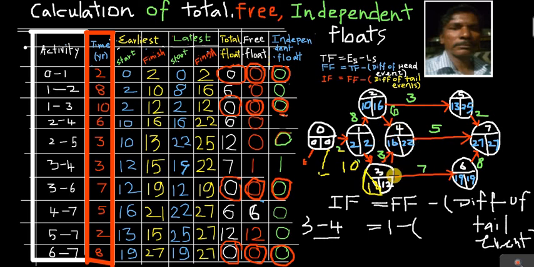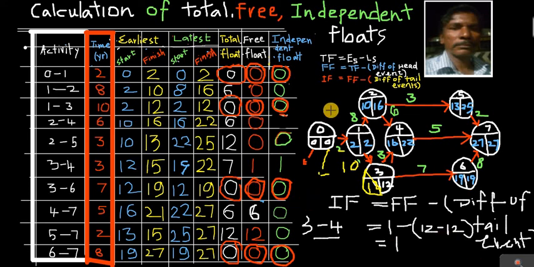In this tail event, the difference between the latest time and earliest time is 12 minus 12. 12 minus 12 becomes 0, am I correct? So 1 minus 0 equals 1. Therefore for the activity 3 to 4 the independent float is 1.